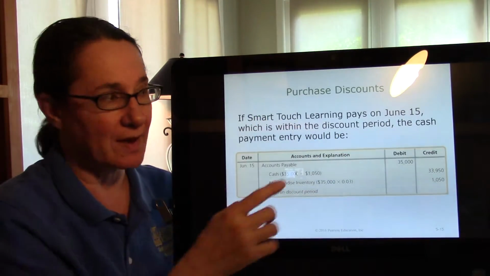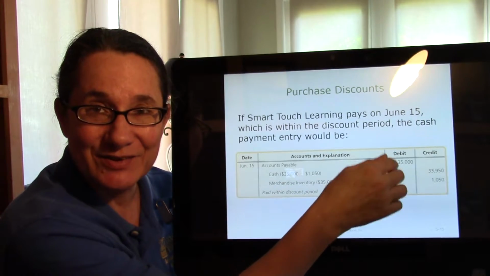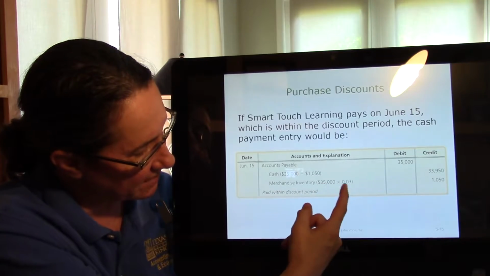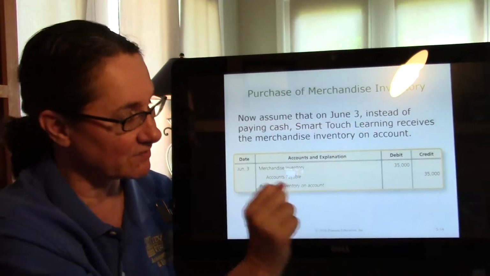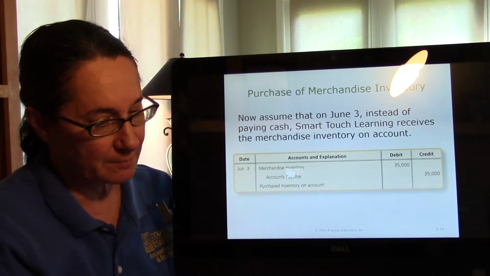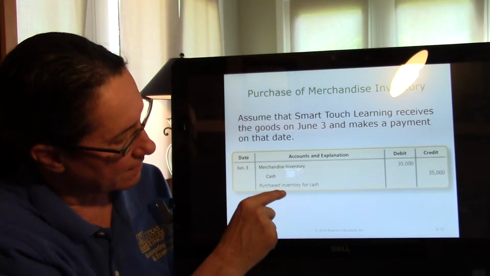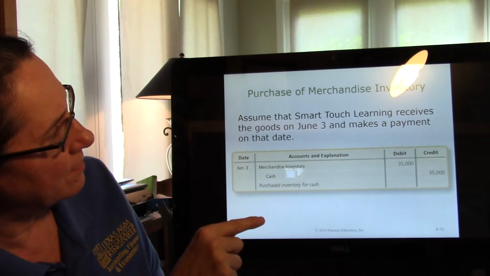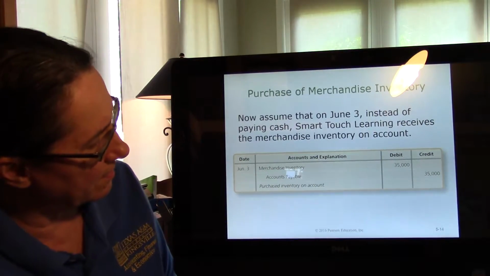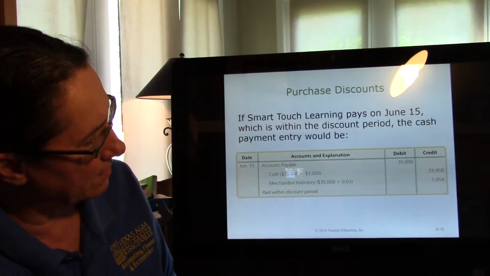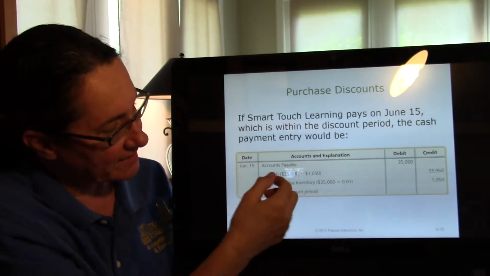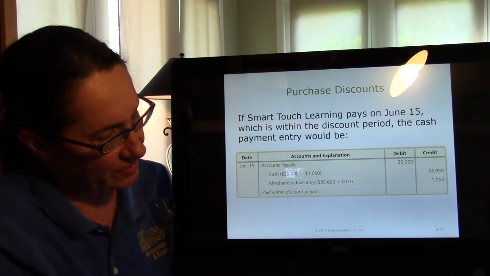So the cash we actually pay is $33,950. But wait, our debits don't equal our credits, right? $35,000, $33,950. So what we do is we take that extra $1,050 out of the merchandise inventory, right? Because remember, that went in the inventory at first, so we got to take it out because it really wasn't part of the inventory anymore.